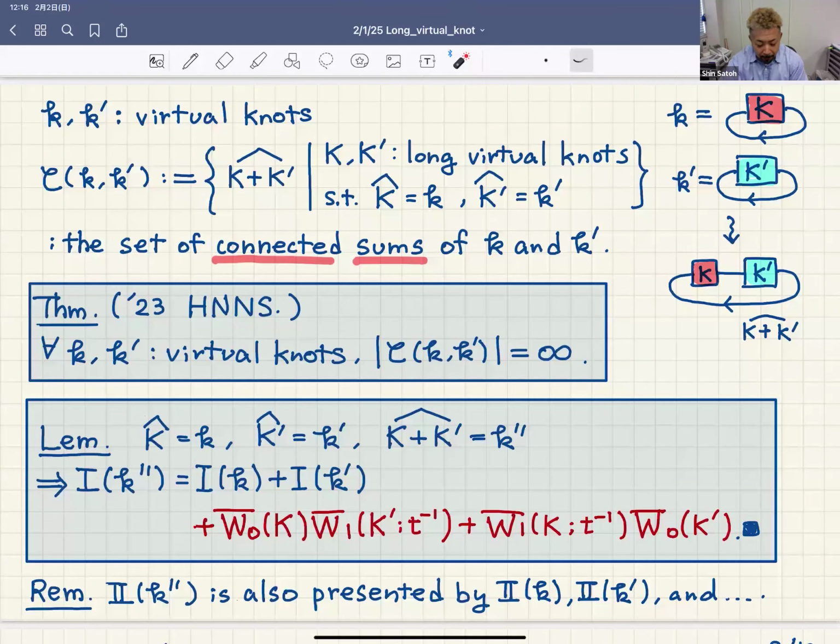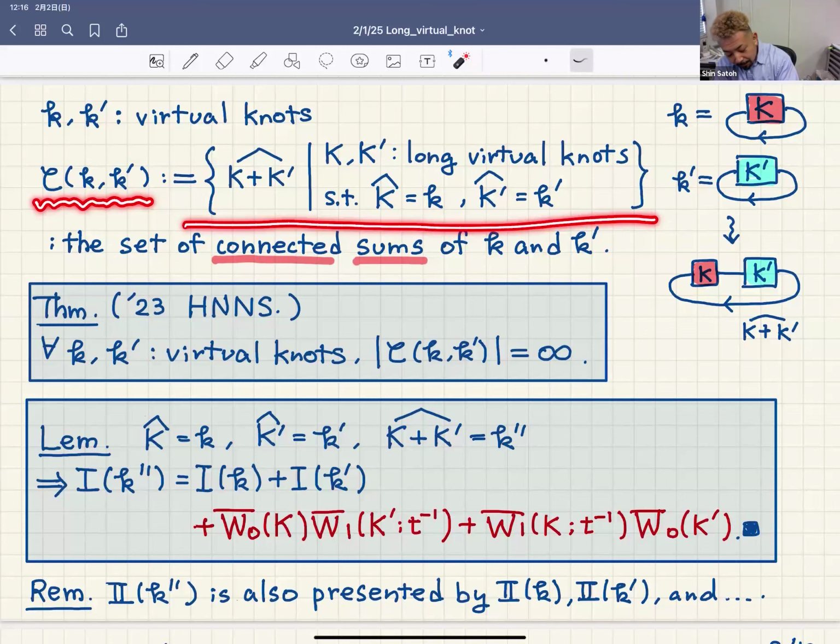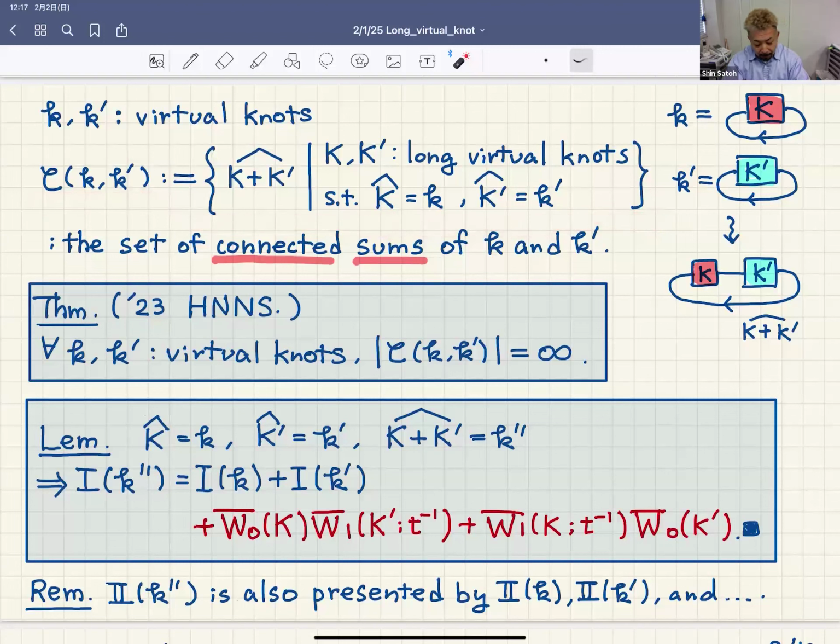We denote by C(K, K prime) the set of connected sums of K and K prime by this definition. Then we see that this set is infinite for any pair of virtual knots.